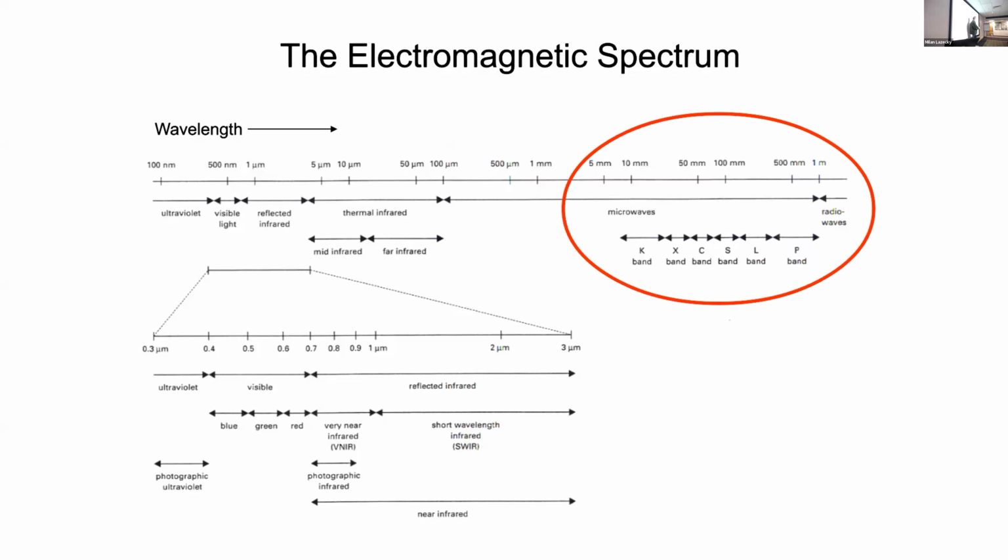The radar, as you will know, was a military technology originally. And the story I heard is these letters, K-band, X-band, C-band, S-band and P-band, have no real meaning. It was just designed to confuse people. But a lot of the work we'll be doing is on C-band. So Sentinel-1 is C-band. There are some longer wavelength satellites that are L-band, and some shorter wavelength satellites at X-band that we also use for InSAR.